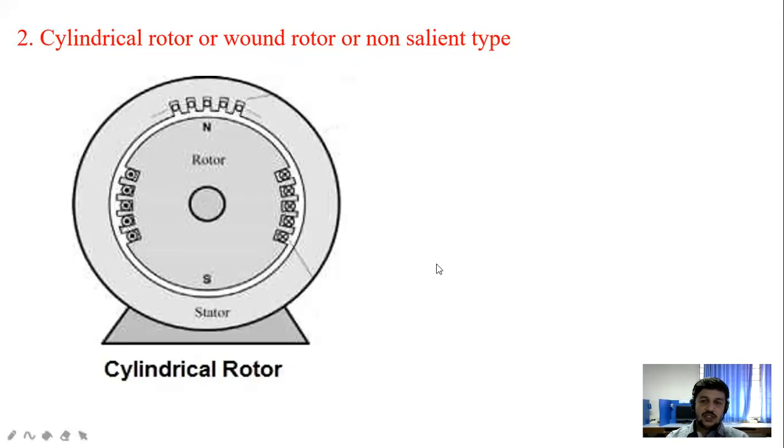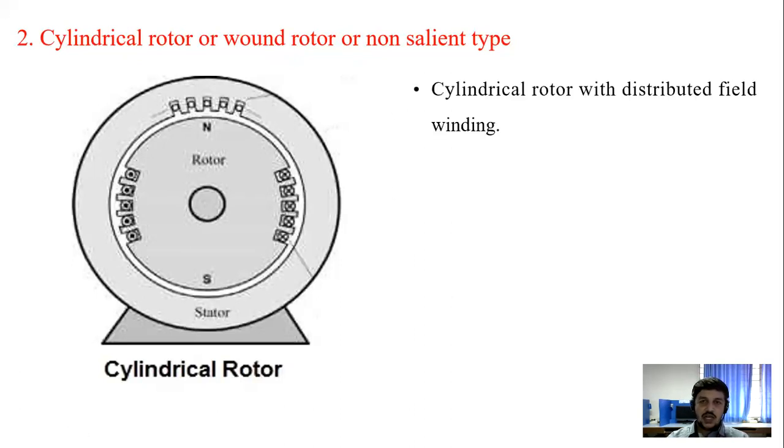The general features of cylindrical rotor synchronous machines are: the cylindrical rotors have a distributed field winding. The entire rotor is again made up of a laminated core to reduce the eddy current losses. The number of poles in cylindrical rotor synchronous machines is 4 or less. As the number of poles is less, these machines are used for high speed applications because the synchronous speed is more.